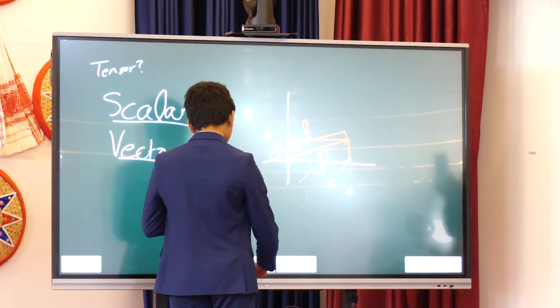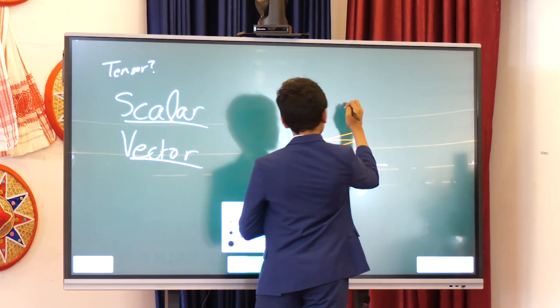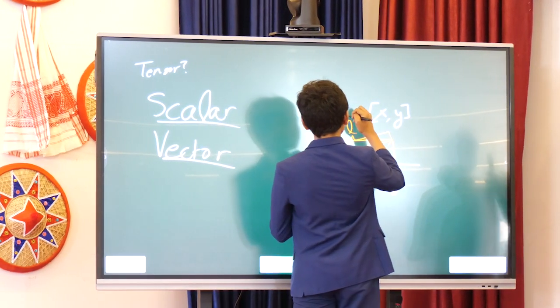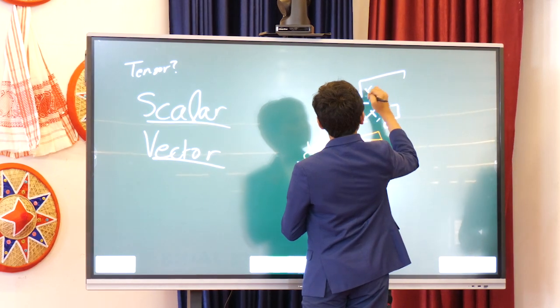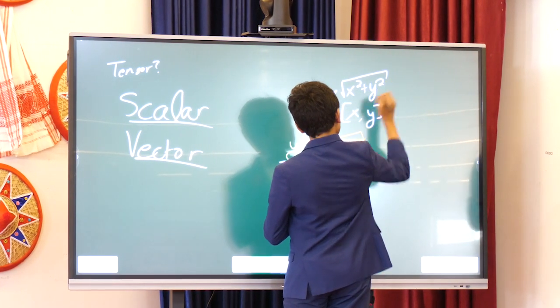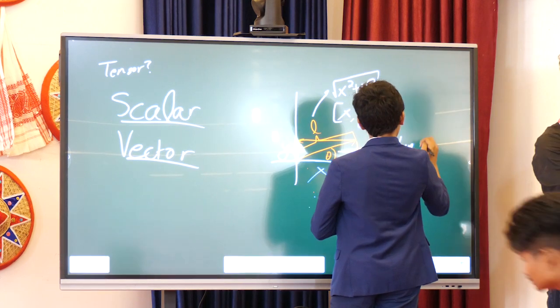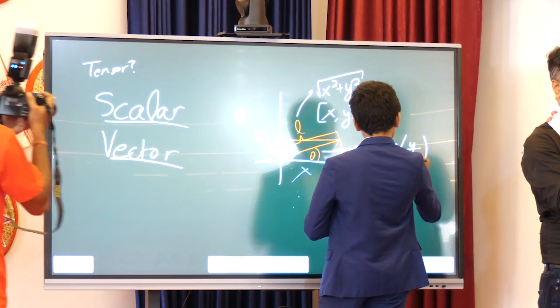So, we write it like this, x comma y. And of course, the length using the Pythagorean theorem is simply square root of x squared plus y squared, and this is simply arctan of y over x.